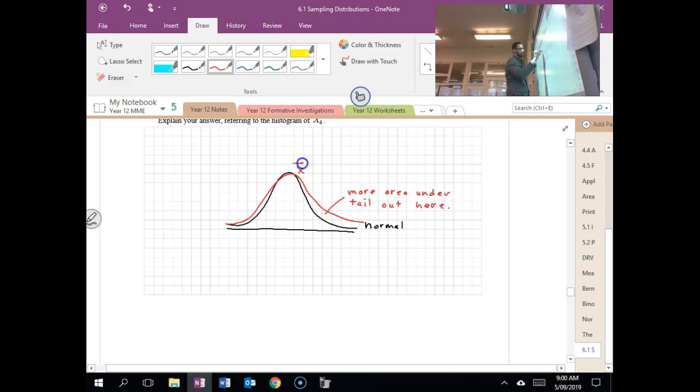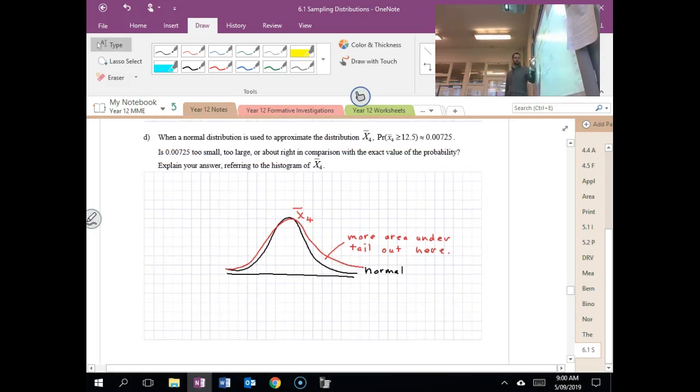So this is for x bar 4. So what that means is, if we use a normal distribution, it's actually going to be too small. Notice the normal distribution goes a lot closer to the x-axis than the distribution of x bar 4 does.